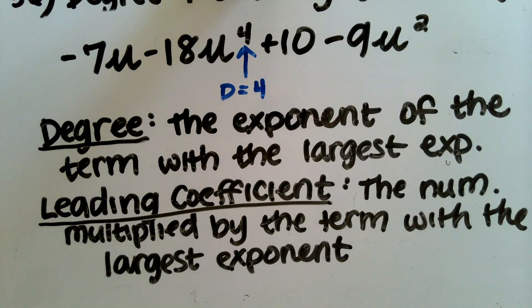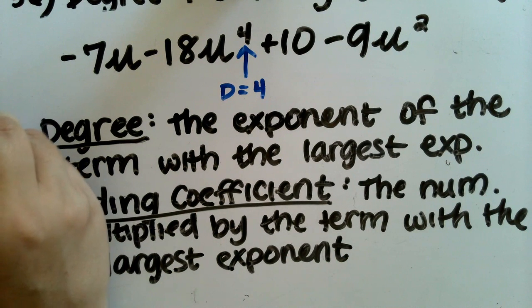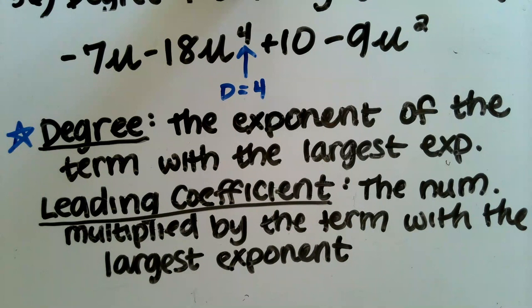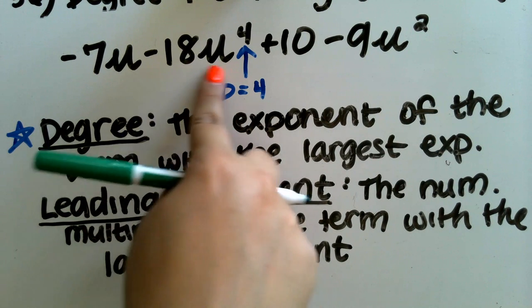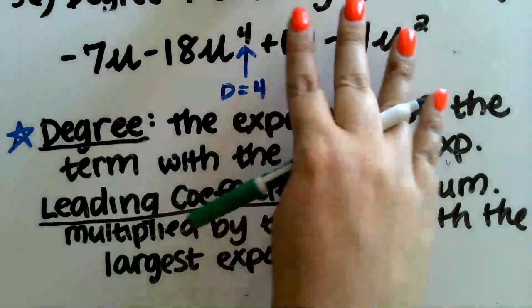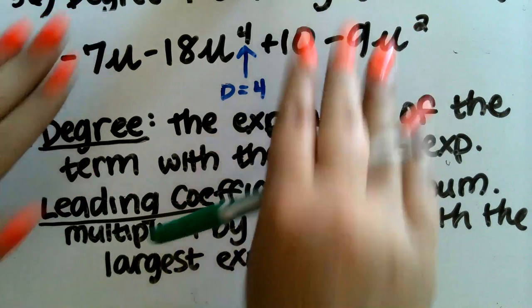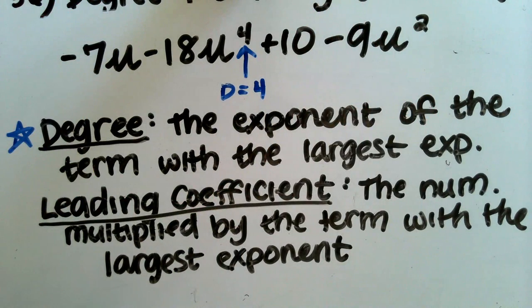So our degree, we know, is written in blue, that's equal to 4. And now let's go ahead and talk about our leading coefficient. Really, when we're talking about the degree and leading coefficient, we are only talking about this single term right here. The rest of this stuff is irrelevant when we are talking about degrees and leading coefficients, okay? Irrelevant.